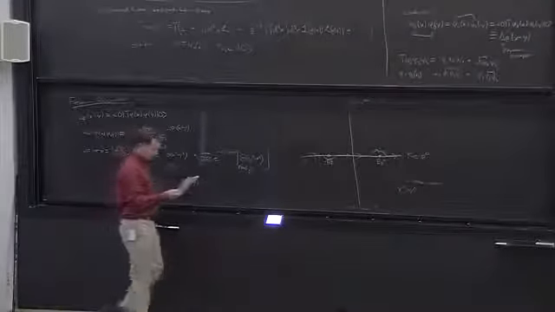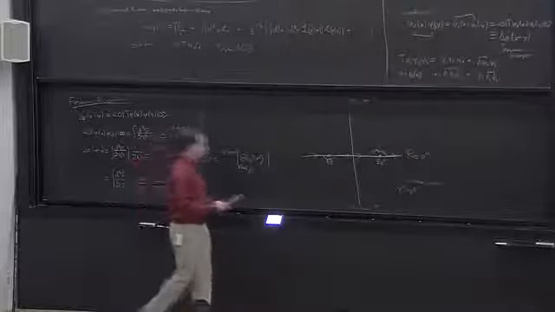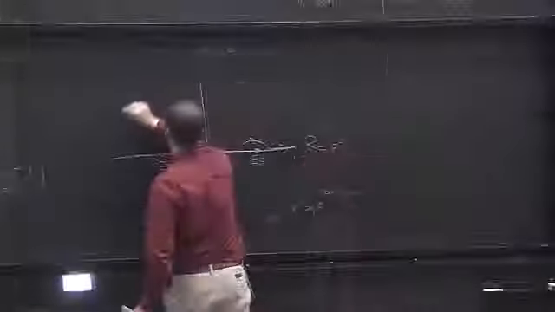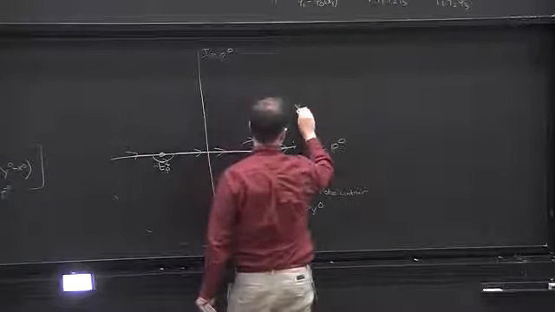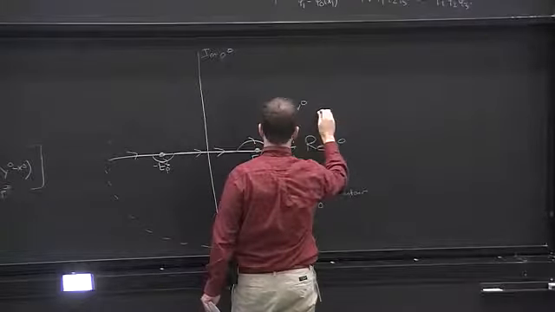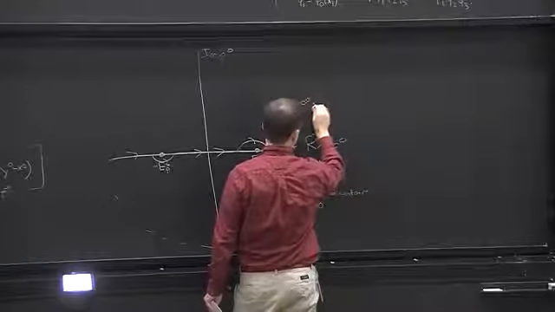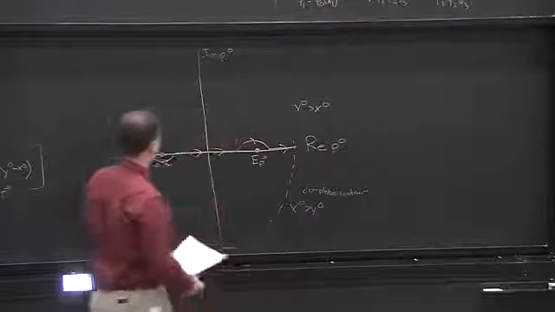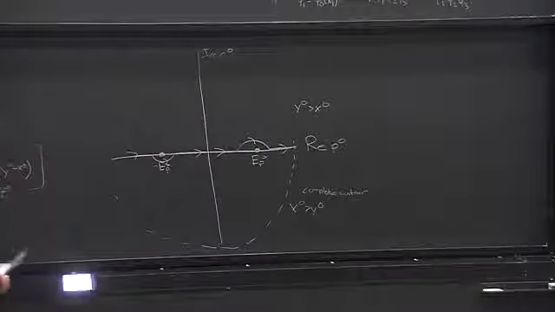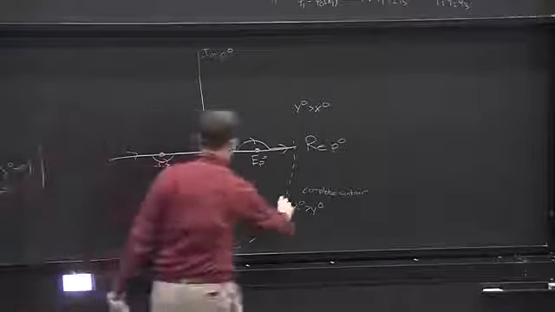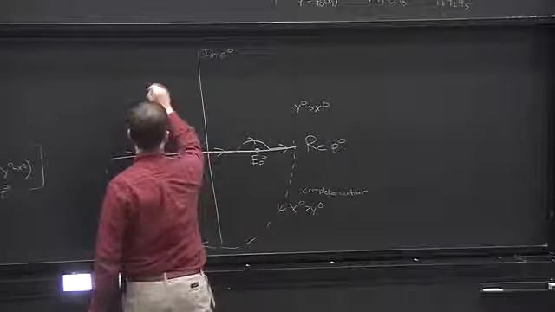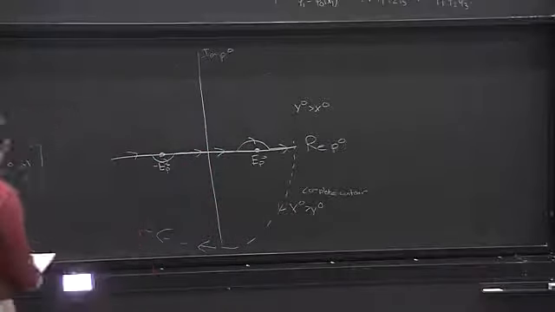In the opposite case, if y naught is greater than x naught, we should close the contour in the opposite direction, imagining a contour that is a large semicircle in one direction or another.